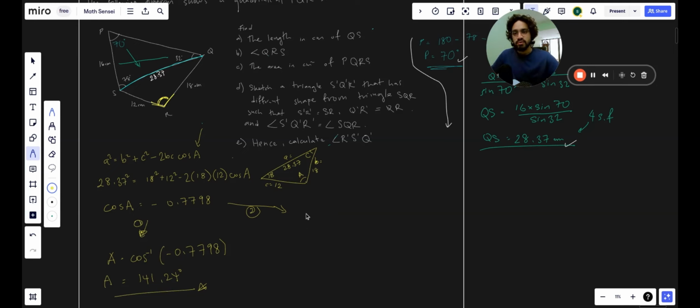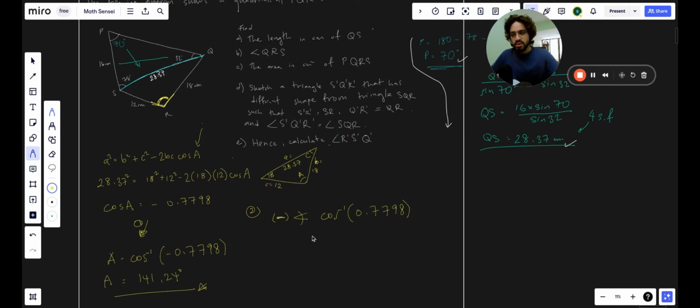So first of all, we're going to have something called a reference angle. I always put it like this. And then you cos inverse. You don't take the negative. You just put 0.7798. Why? This reference angle, we just call it, is related to a negative. You just put your sign here, negative. If it's positive, you put positive here.